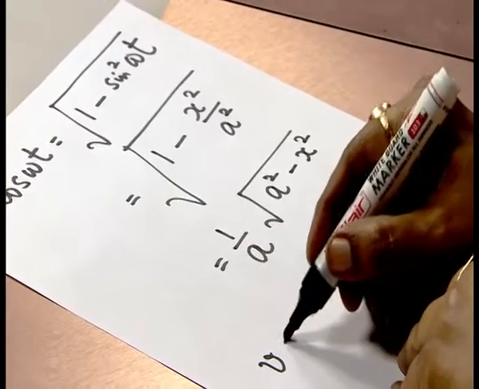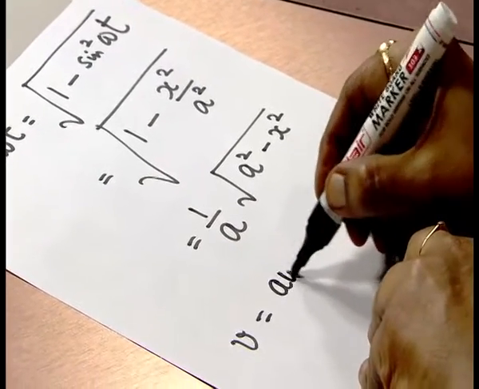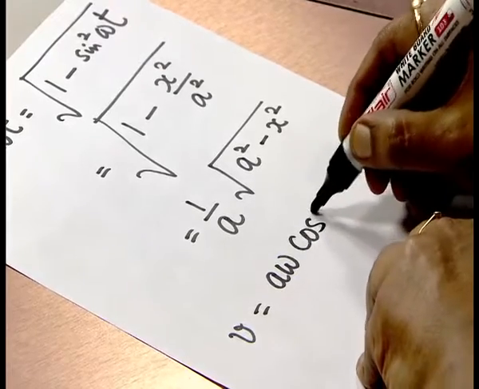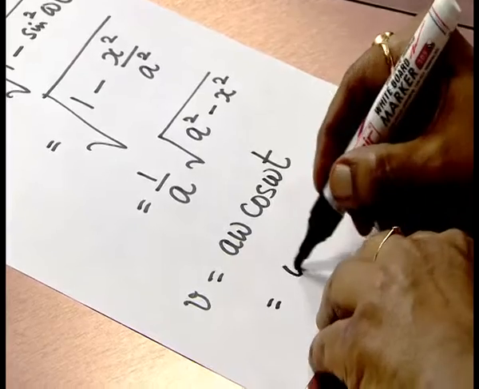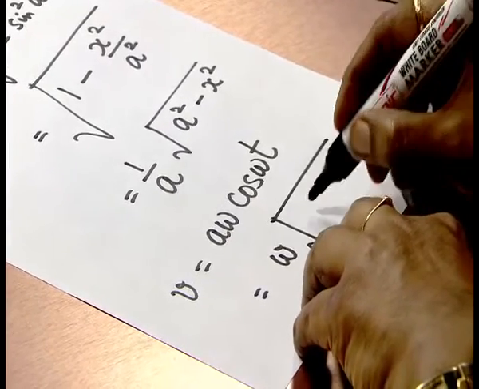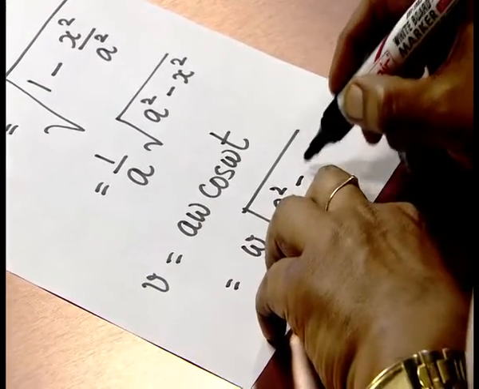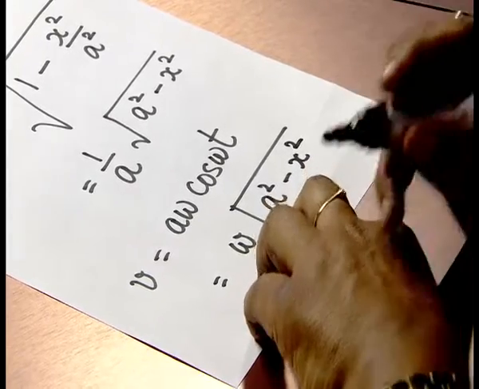So, velocity being equal to a omega cos omega t, this is equal to omega into the square root of a square minus x square. So, we have arrived at the expression of velocity.